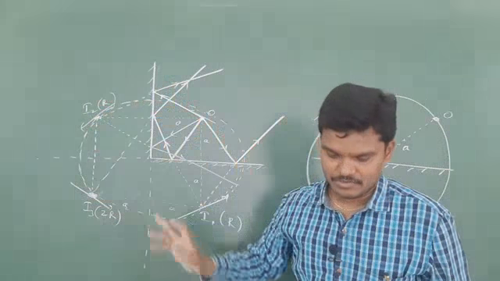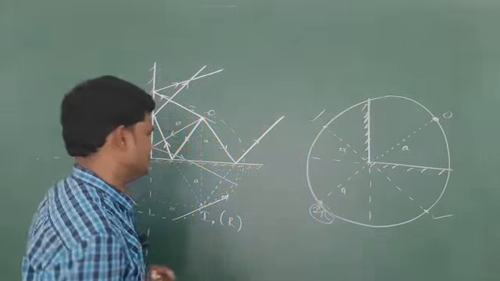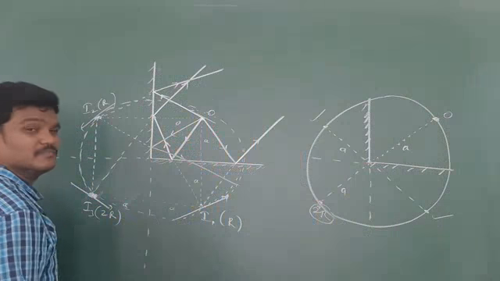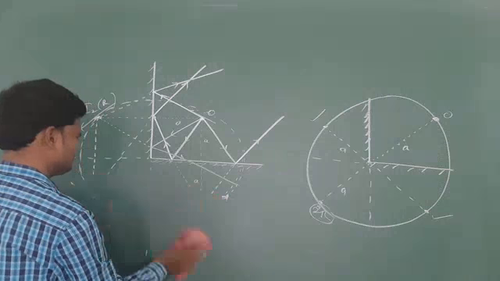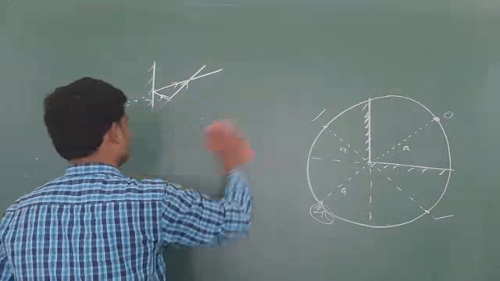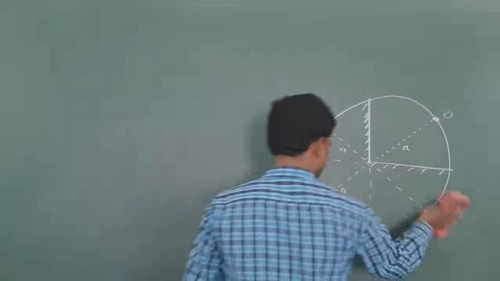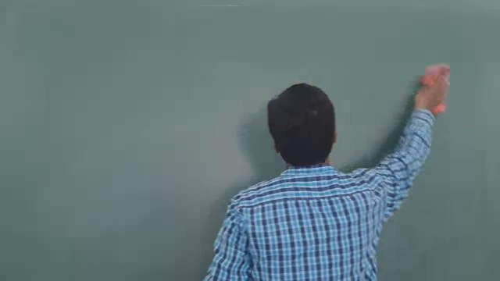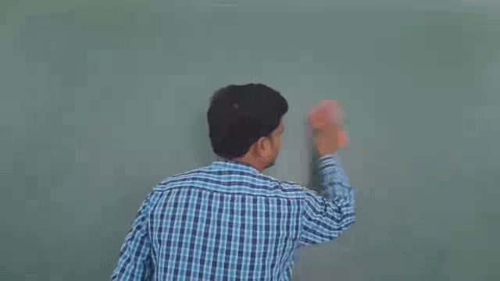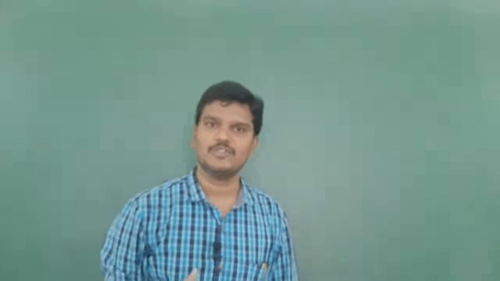So let me do it directly now, let me rub this one. This is somewhat complicated, so instead let me do it directly. The conclusion is, the images are formed along the circumference of the circle. One image is because of one reflection, one more image is because of one reflection, and one more image is possible because of two reflections.